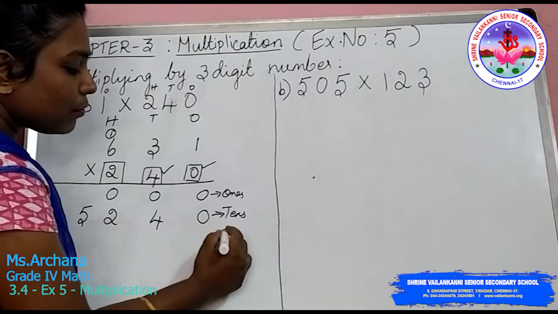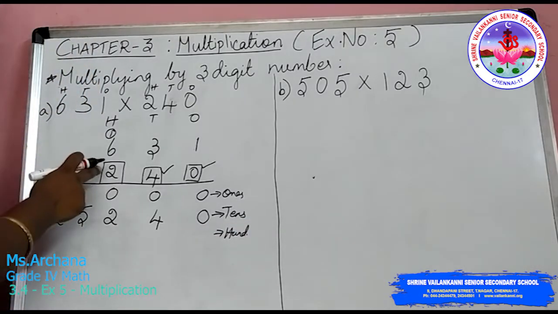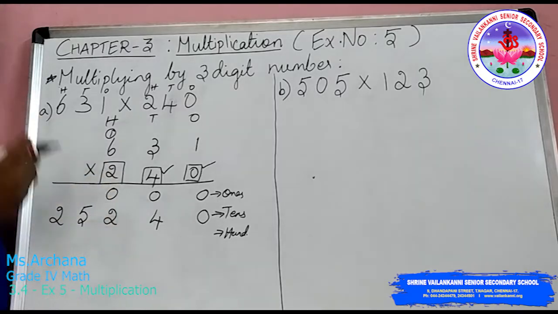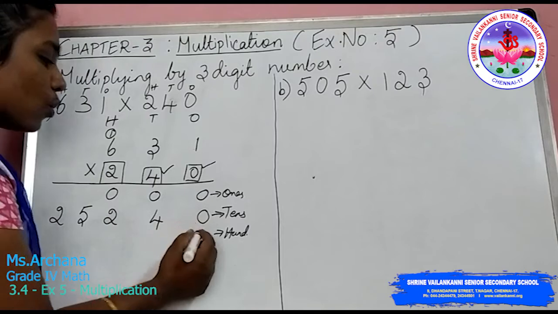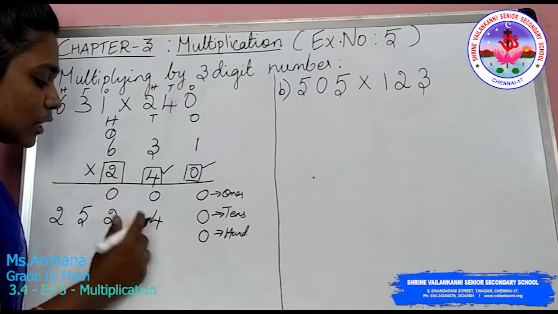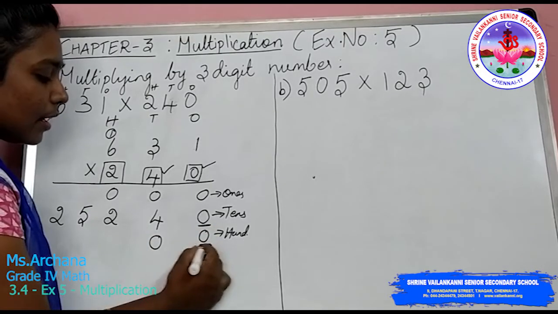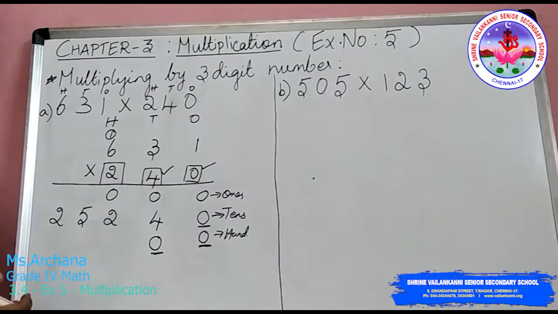The third row will be for the hundreds place. So you are going to do multiplication for the hundreds place, so the values in the ones place and the tens place will remain 0. So the ones place has 0 and the tens place has 0, and these two zeros are for the place values.